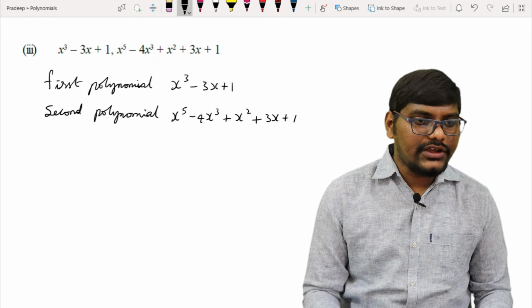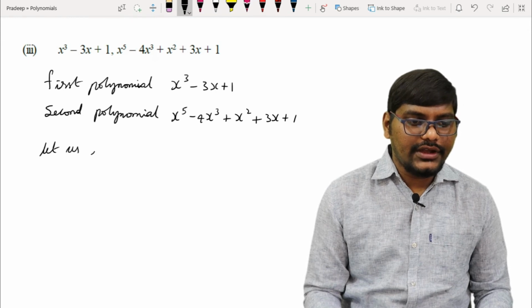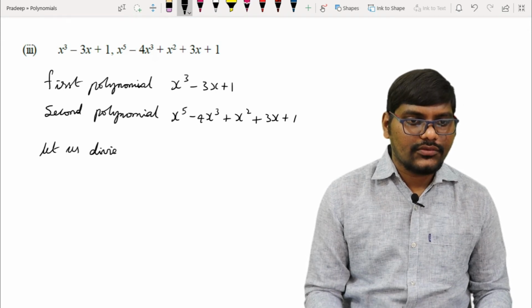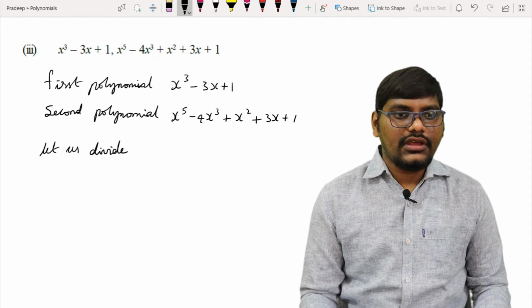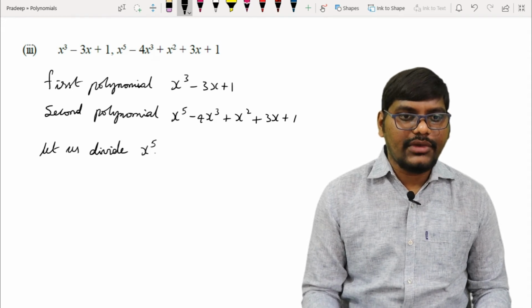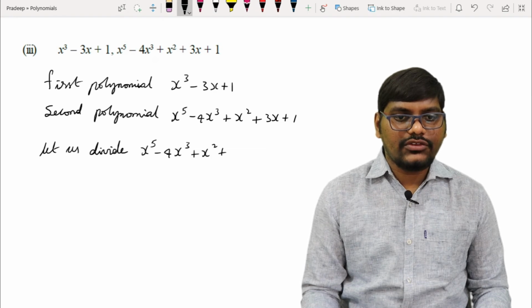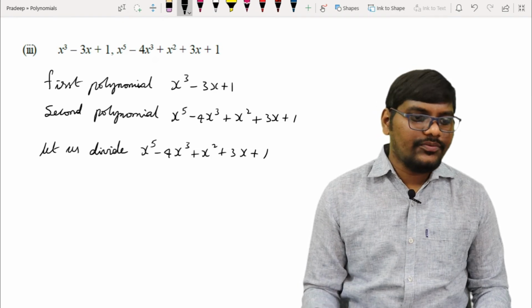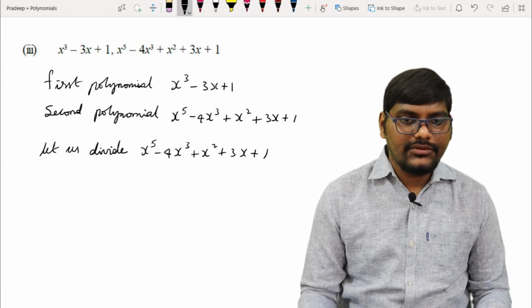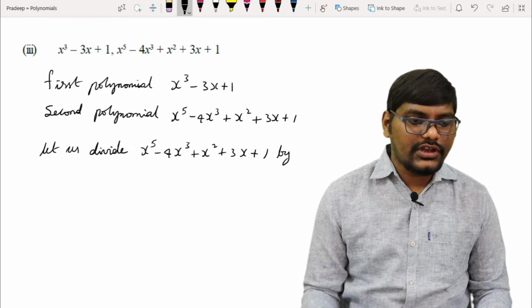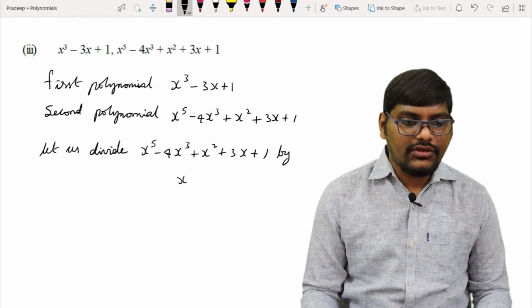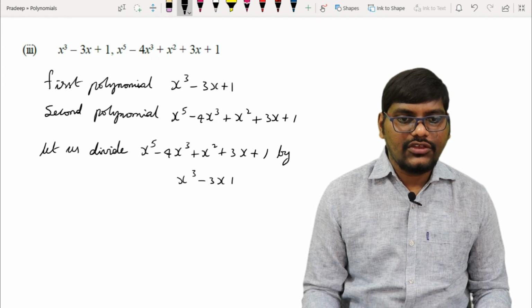Okay, so we'll write, let us divide. What is given, that is x power 5 minus 4x cube plus x square plus 3x plus 1, that will be divided by the next polynomial, x power 3 minus 3x plus 1.